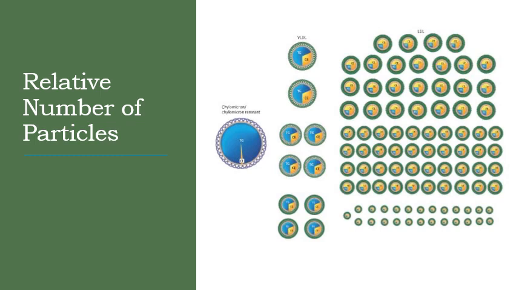This can give you an idea of how the number of each particle compares to the number of the others. Now this picture on the slide is the relative number for a normolipid individual. When triglycerides increase to abnormal levels, this relative number gets more exponential.